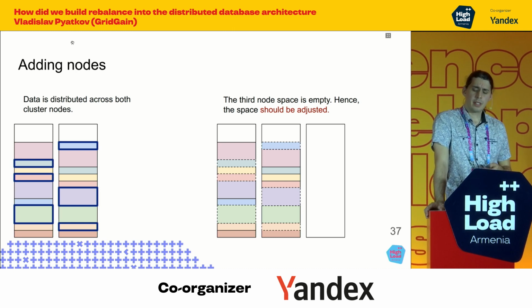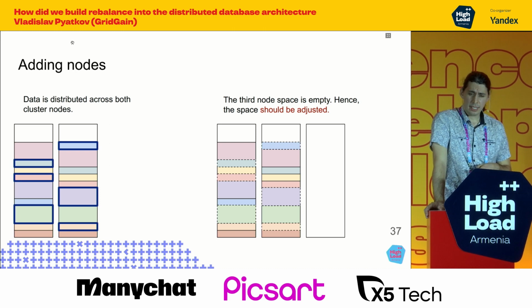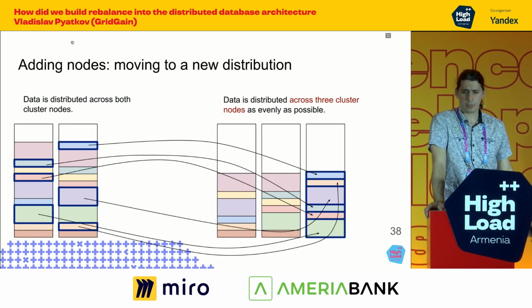I mean, the replication factor is still there, but data is not distributed evenly. In this case, it is a trigger for rebalance, and we should recalculate the distribution and move some partitions to the new node.